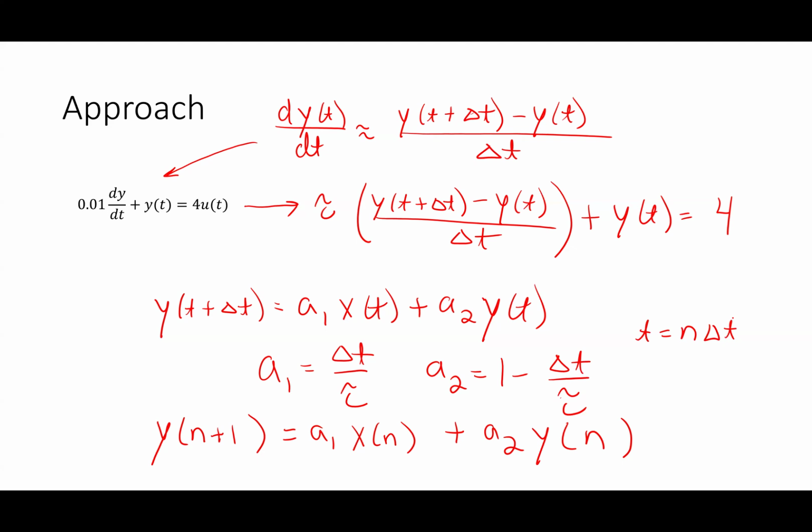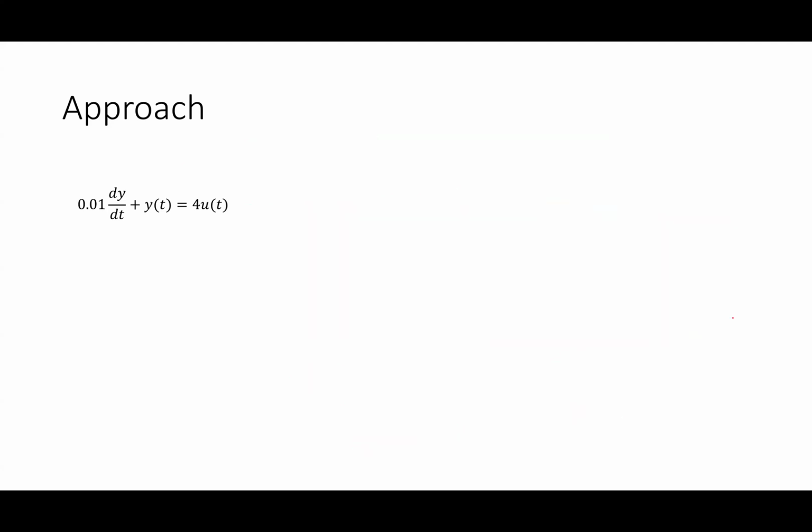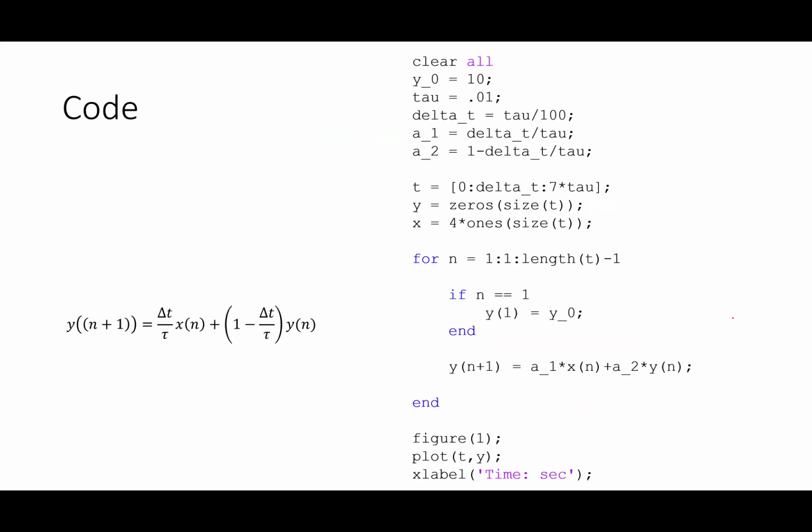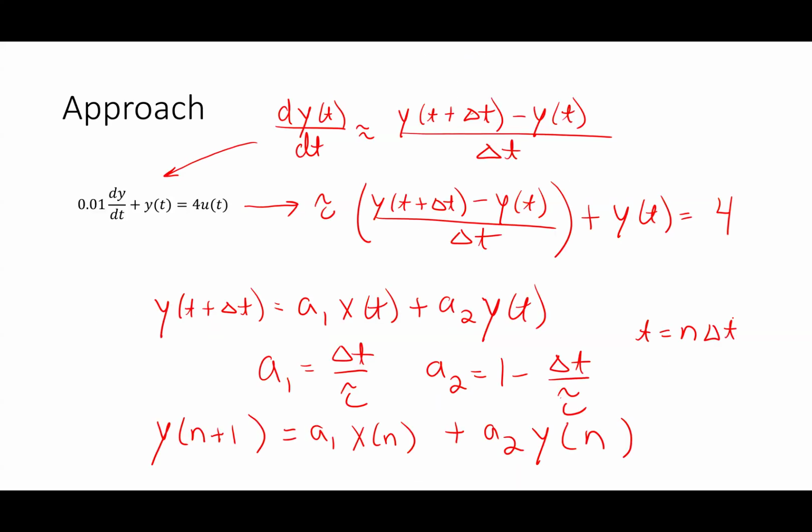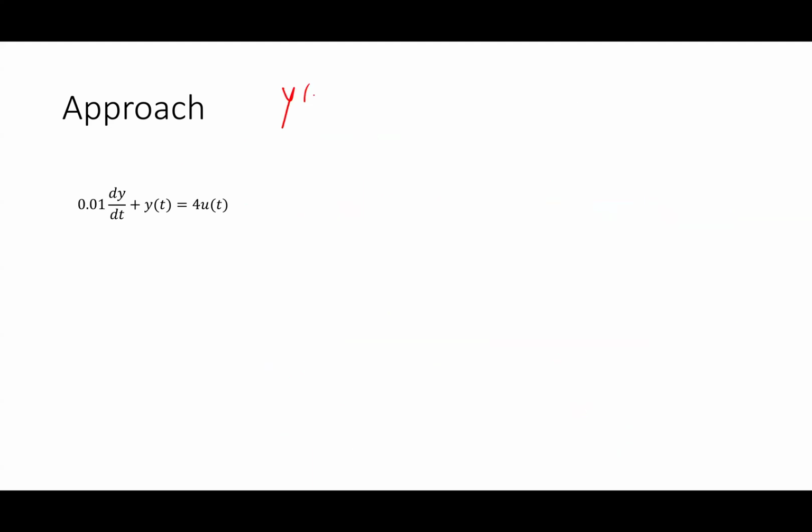Okay, so how would I use this to write, how would I code this? All right, so I'm gonna stop here. I'm gonna say, all right, what do I know? I know that y of n plus 1 equals A1 y of n plus A1 x of n, plus A2 y of n, like that.